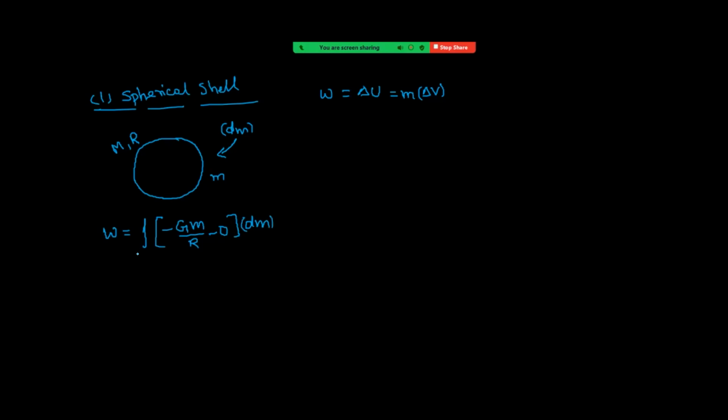Like this, we have to bring the total mass from 0 to capital M. G and R are constants, so the integral of m dm gives m square by 2. It becomes minus GM square by 2R. This is stored in the form of potential energy. So this is the self energy of a uniform spherical shell.